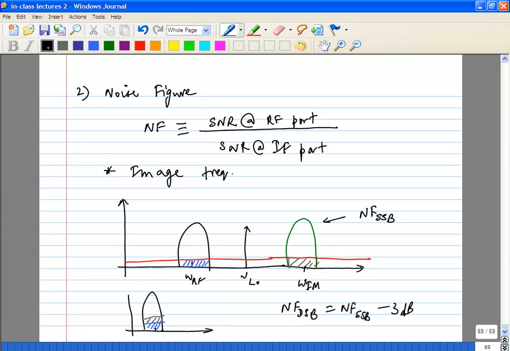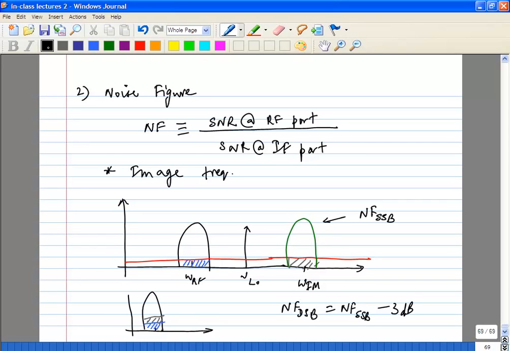And in the case of DSB, what is the noise figure? It will be the same as the input. I understand the SNR is the same, but what does it mean for the noise figure? It is 0. If a system is noiseless, the noise figure is 0. So in the case of DSB, the noise figure is 0 because the SNR at the input will be the same as the SNR at the output.